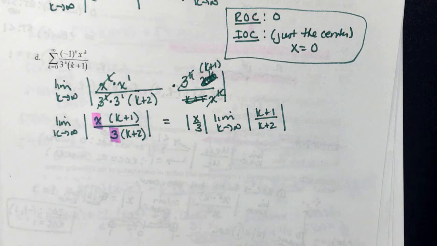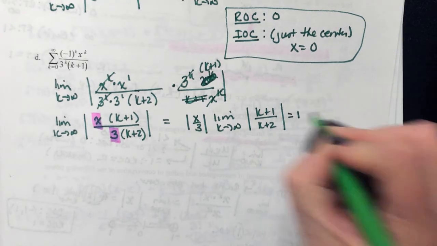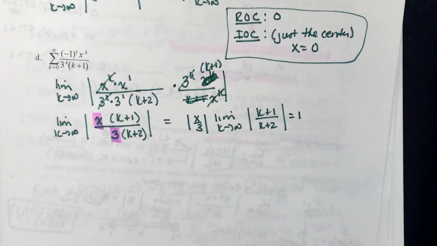So what's that limit? 1. Had you not pulled out that 3, what would you have said this limit was? 1/3, and you would have said 1/3 is less than 1, and you would have thought you had the best case scenario. So not only do you have to pull out the absolute value, you've got to pull out the constants as well. All right?